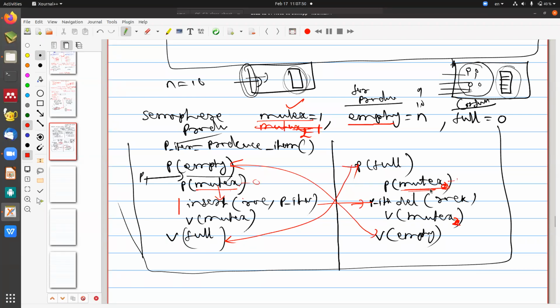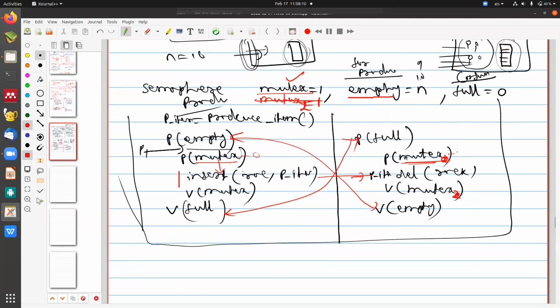Last class we also discussed whether it can be one mutex and another mutex. That is also not possible, because both of them should use a single lock. If you are using a mutex here, it is mutex 1, meaning there is a possibility that one producer and one consumer touch the rack at the same time, which is not allowed as per our requirement.